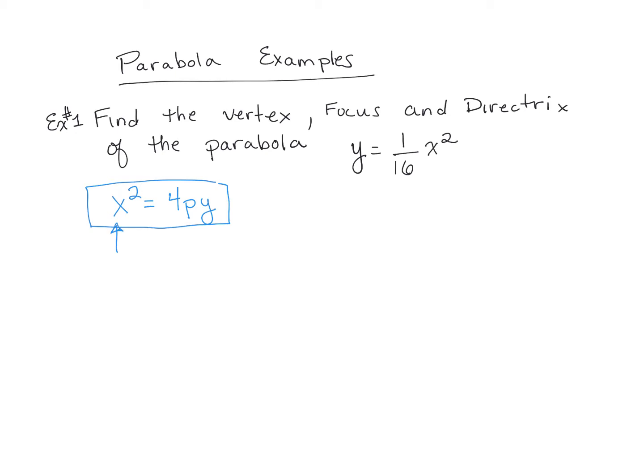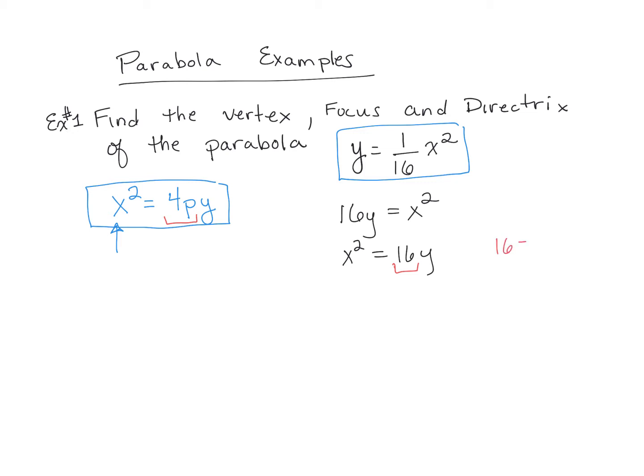So let's try to take this equation and solve for the x squared, and we'll do that by multiplying both sides by 16. So we have 16y equals x squared, or just switching it around, x squared equals 16y. The next thing that you should notice is that the coefficient of the y, which is 16 in this case, represents the 4p.